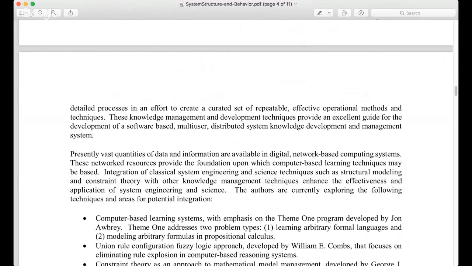And so there needs to be a cost-effective approach to acquiring and configuring that information in a way that it can be integrated with the structural modeling types of activities.